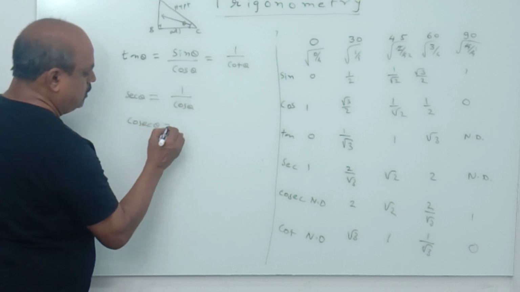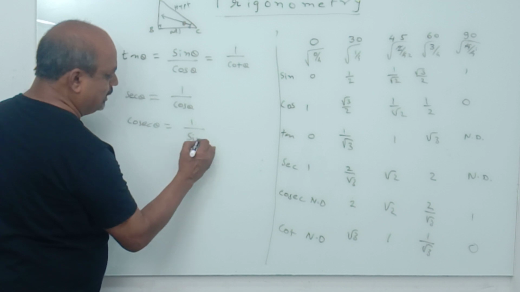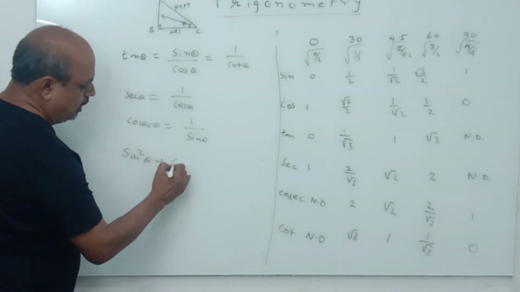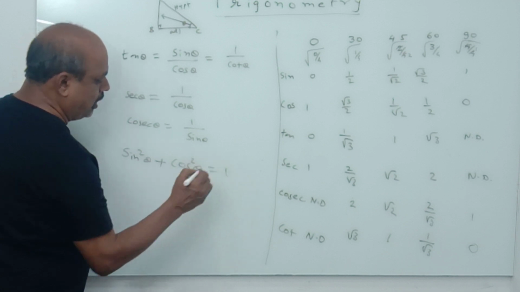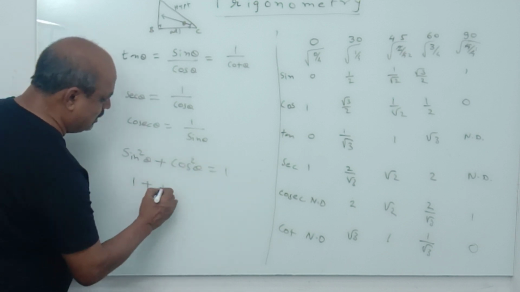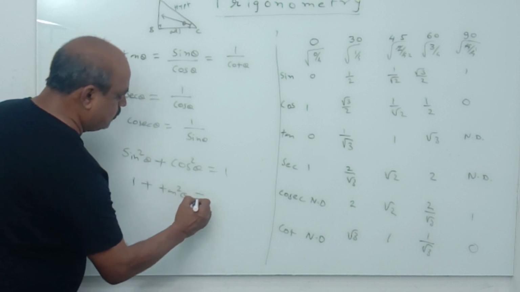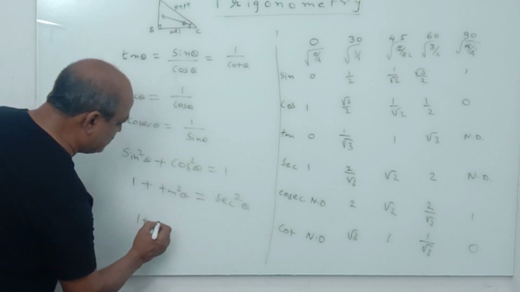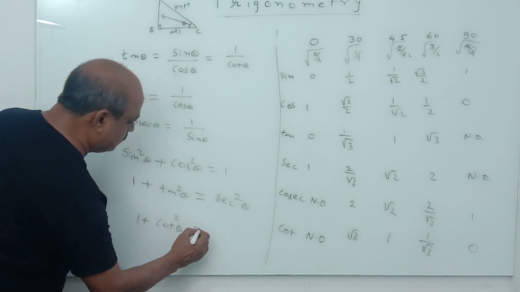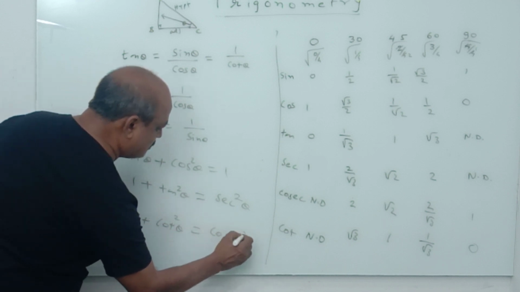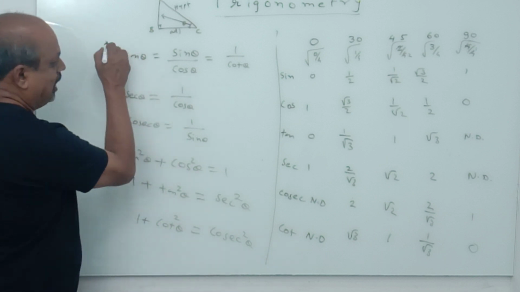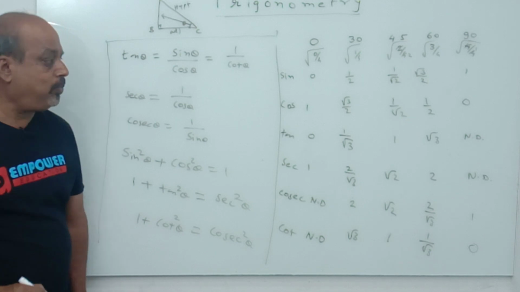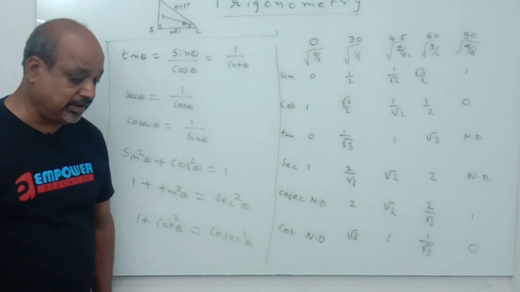Cosec theta is equal to 1 upon sin theta. Then sin square theta plus cos square theta is 1. 1 plus tan square theta is equal to sec square theta. 1 plus cot square theta is equal to cosec square theta. These identities are very crucial for solving problems in 10th ICSE.